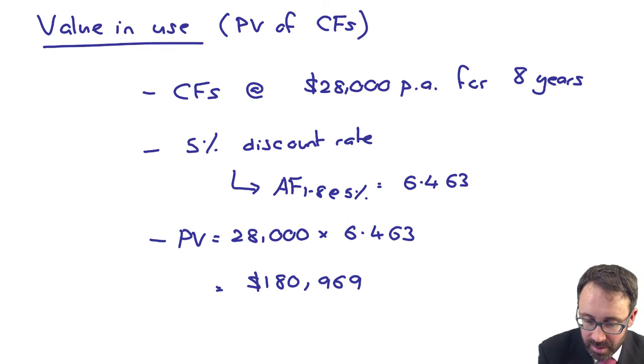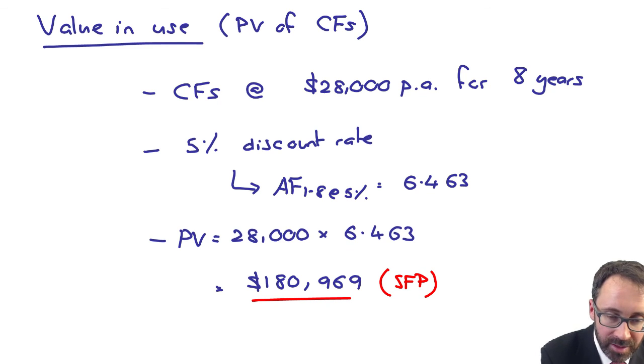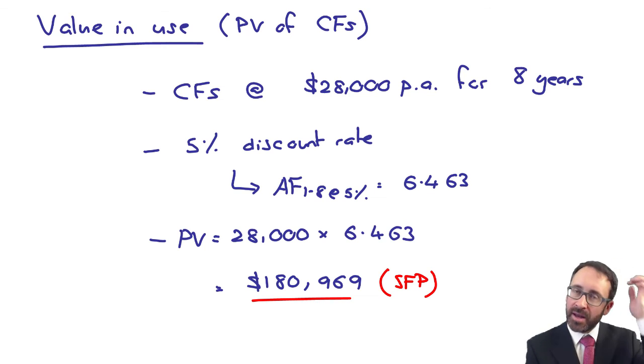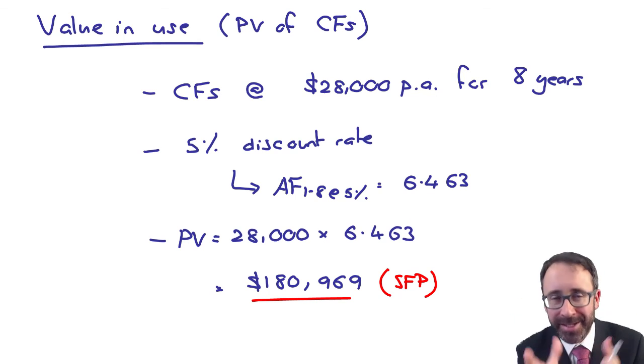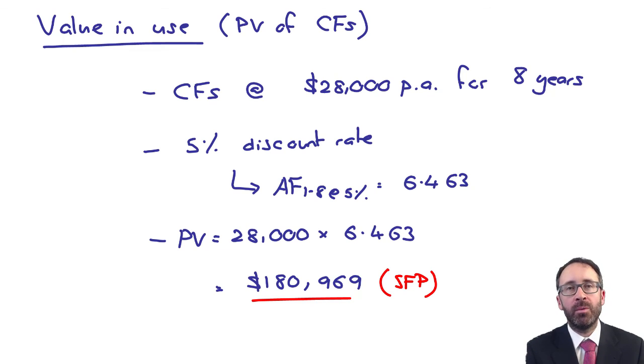So effectively 181,000. The value in use in your asset, if that's the way that you measure it, is what would appear on the statement of financial position. Okay. Don't worry about where the changes in the value go. Did that scare you? Made you jump? Don't worry so much about where those changes in value go just yet. We'll see that all within the next video.